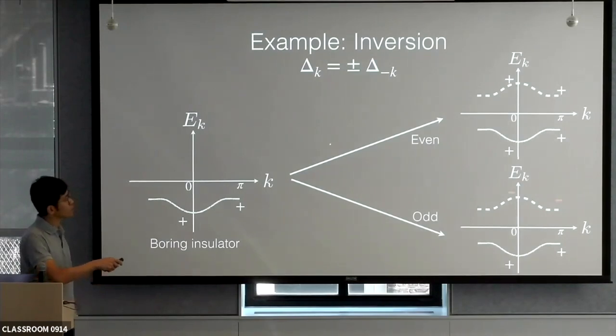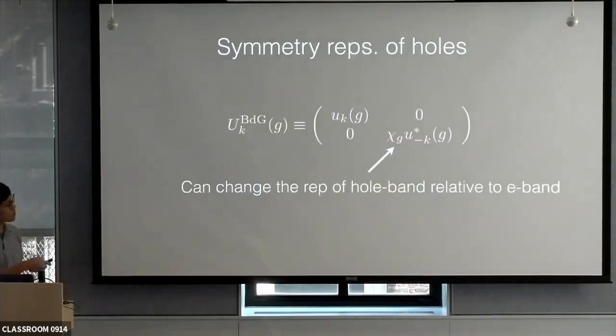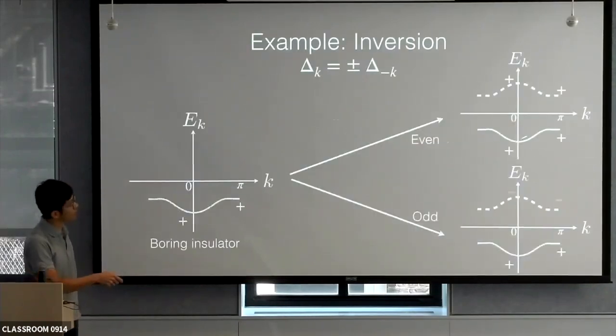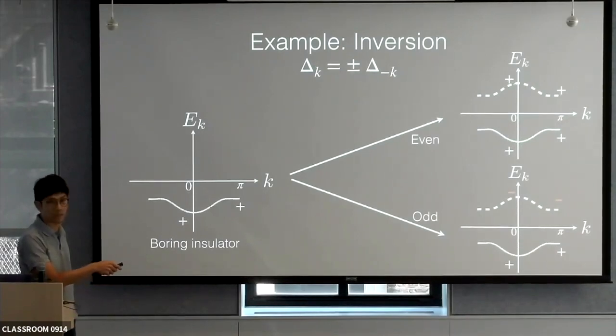Then there are two options for the inversion representation in terms of the pairing order parameter. It's either even parity or odd parity. The even parity case would be taking a positive sign here. And if you recall this equation in which the electron band and hole band are related by chi, at zero momentum this is positive and it's even parity, then it's still positive. And at pi, it's positive here and positive there.